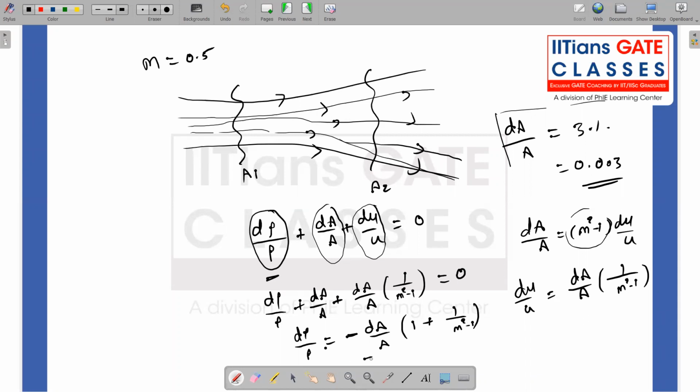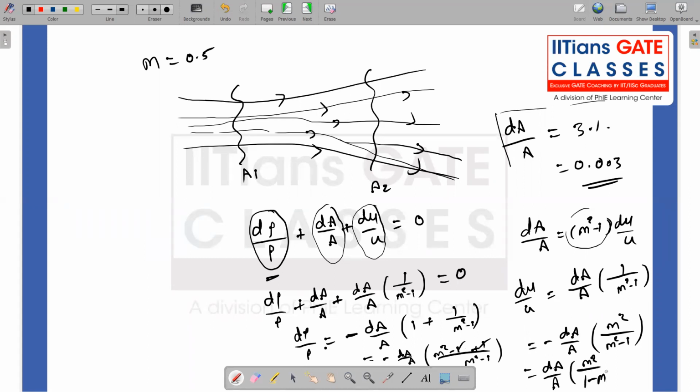If I take the LCM, minus dA by A times M square minus 1 plus 1 divided by M square minus 1. So 1 cancels. It becomes minus dA by A times M square divided by M square minus 1. Right. So now if I take this negative inside, I can write dA by A times M square divided by 1 minus M square. This is just to get rid of that negative sign. So this is equal to d rho by rho.